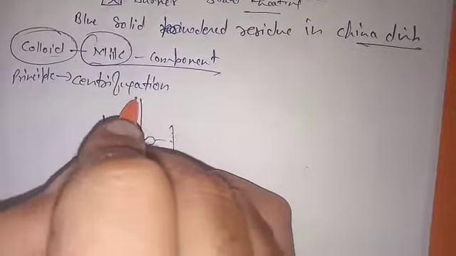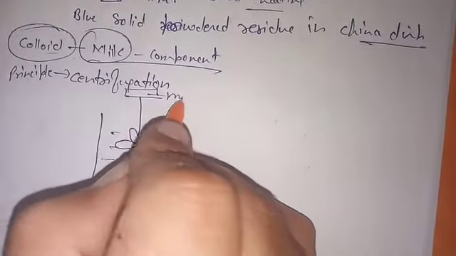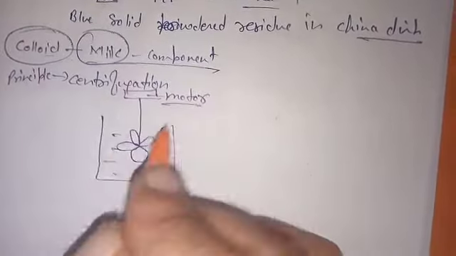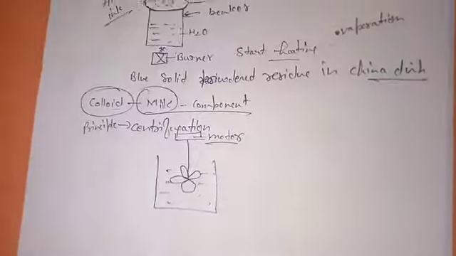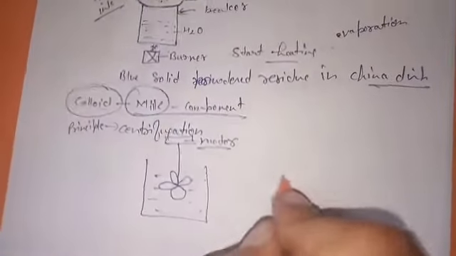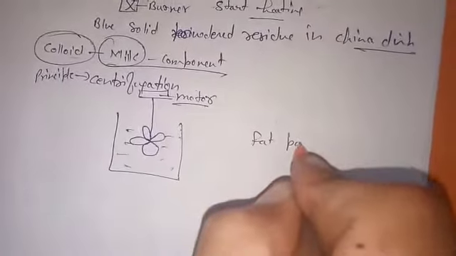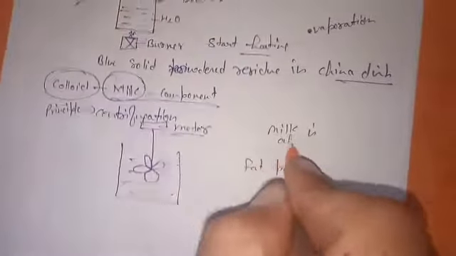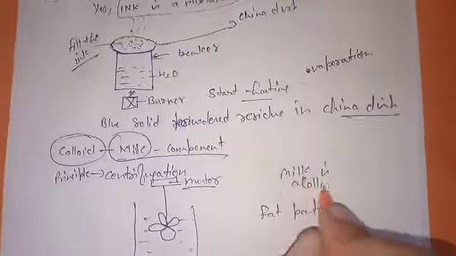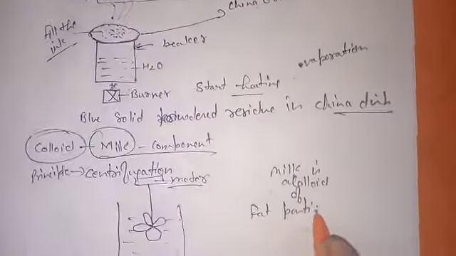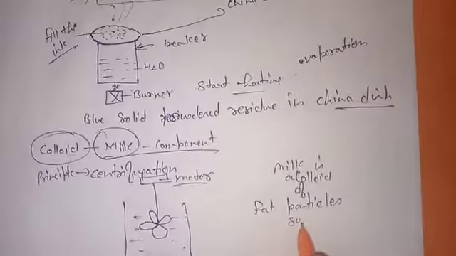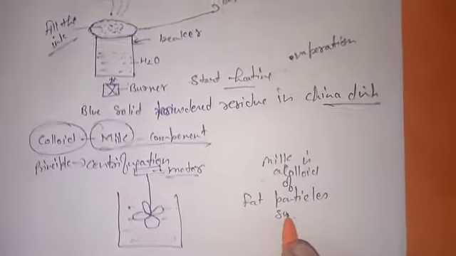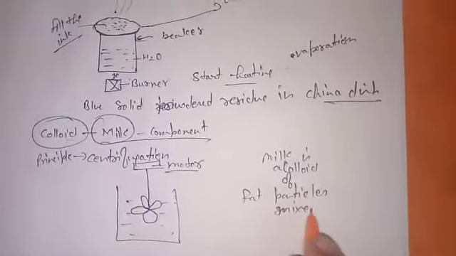If a centrifugation machine is not available, you can use a home appliance, the milk churner. When you do the centrifugation, the fat particles come out. Milk is a colloid of fat particles mixed with water.